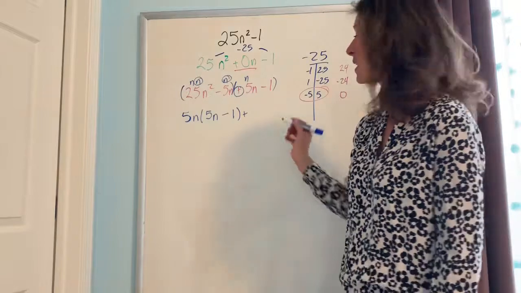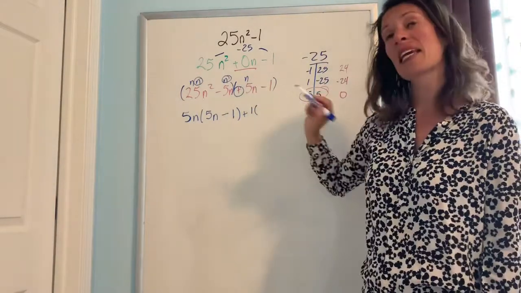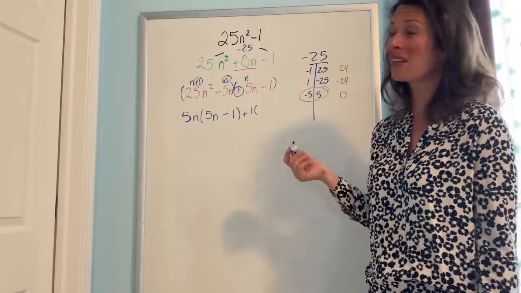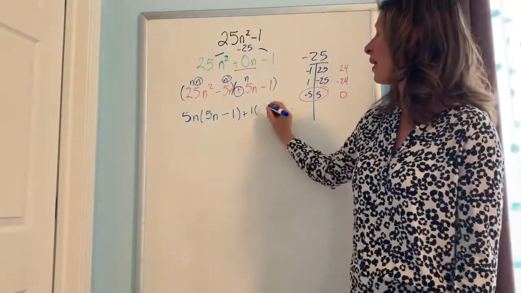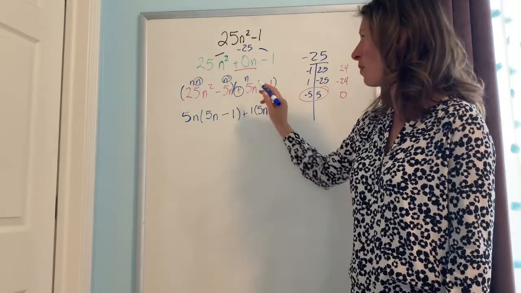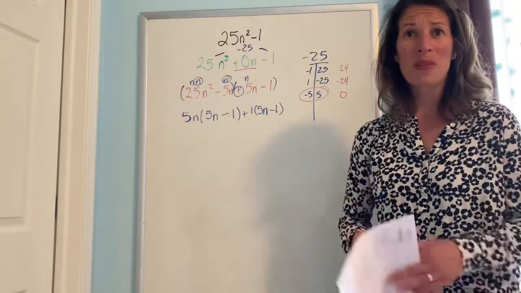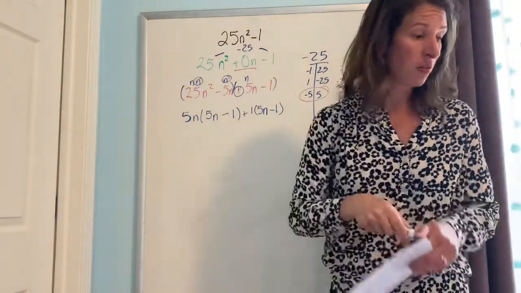You should recognize that's only a 1. I can't take an n out of both terms, so I just have the 1. Now, I have 5n minus 1, because anything divided by 1 is just itself. Do my terms inside the parentheses match? They sure do.